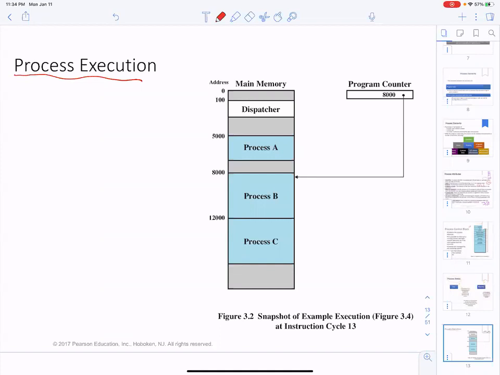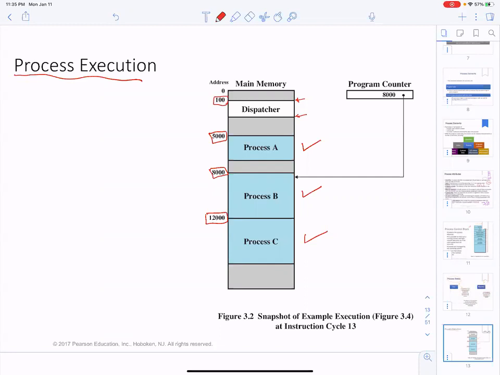If we look at this figure, we can see the memory layout of three processes: process A, process B and process C. Process A's starting address is 5,000. Process B's starting address is 8,000. Process C's starting address in the main memory is 12,000. The dispatcher is a simple program located in the main memory from a starting address of 100.